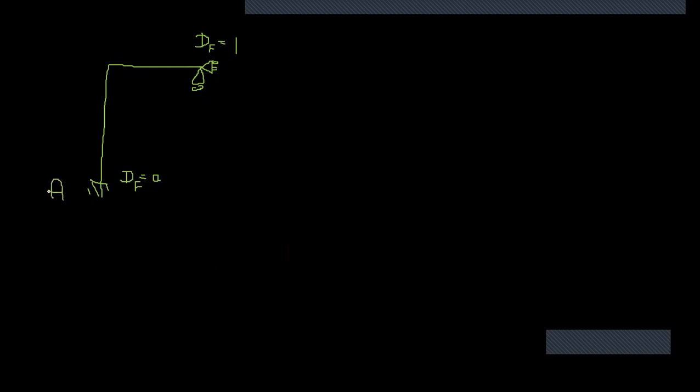So if it is A, B, C, the distribution factor at B for BA. This is called the distribution factor at B for BA. So if it is DF BA, that means the distribution factor at B for BA.